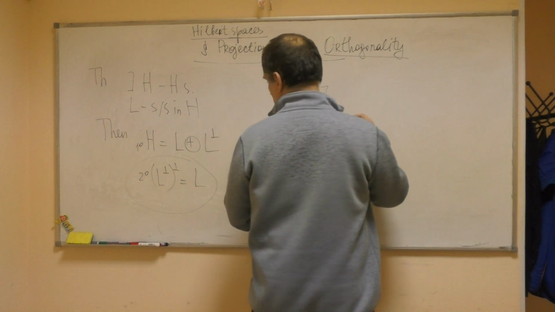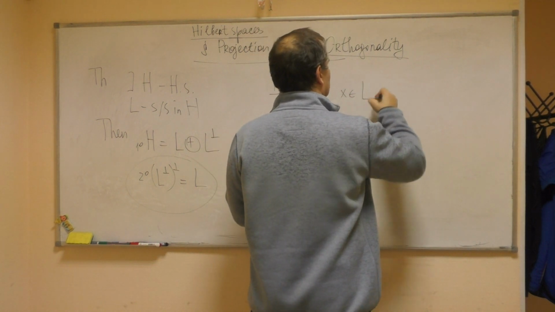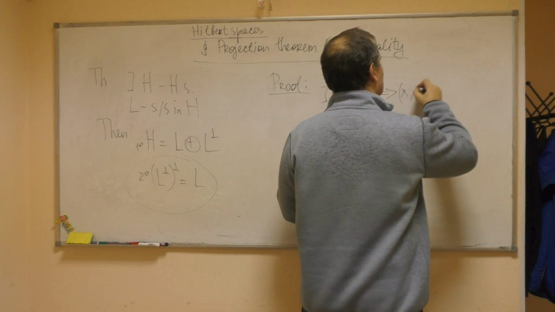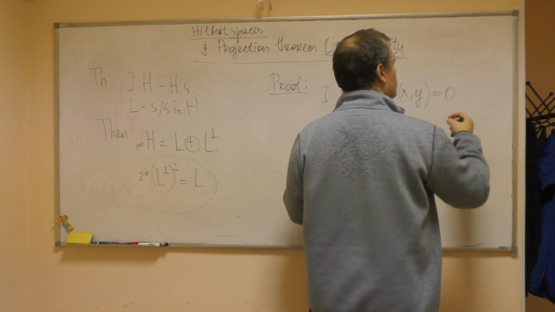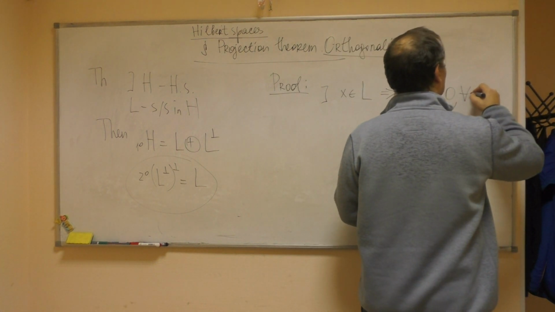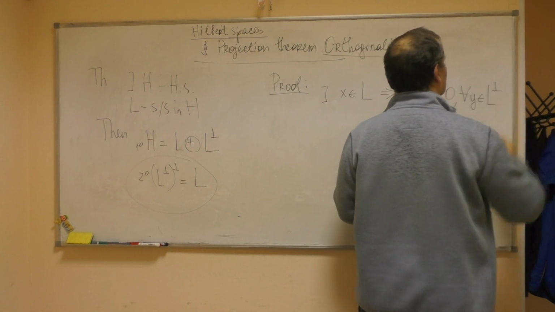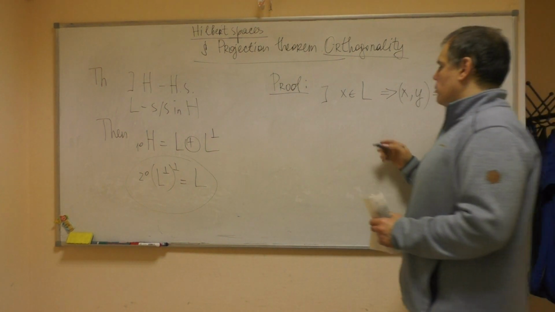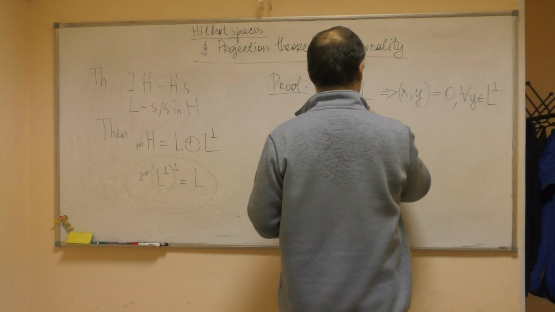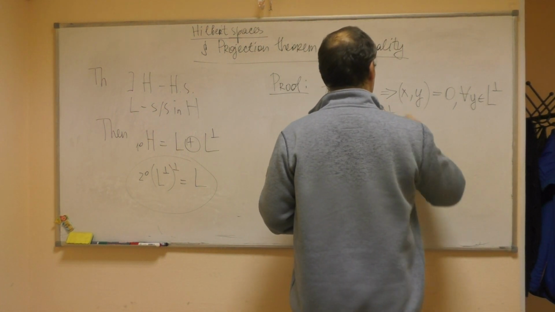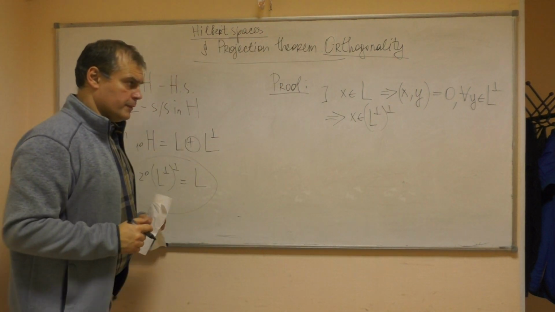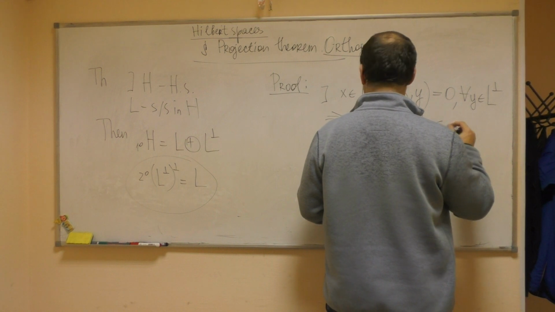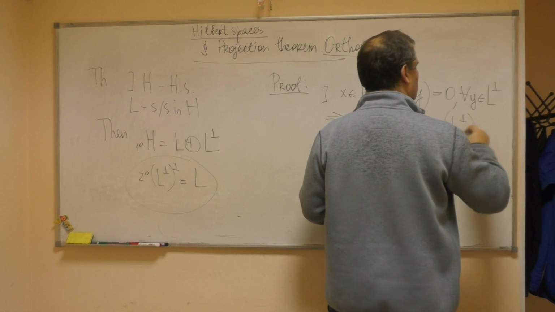So let x belong to L, then x multiplied by y is 0 for each y from L orthogonal, according to the definition of orthogonal complement. It means that x belongs to the second orthogonal complement. So one implication is proved.